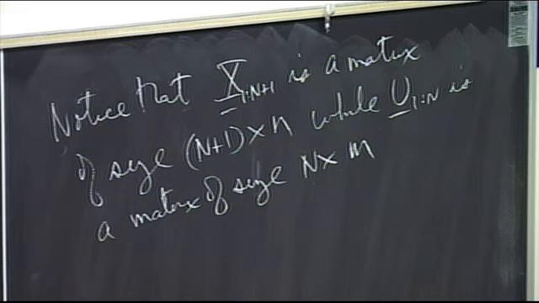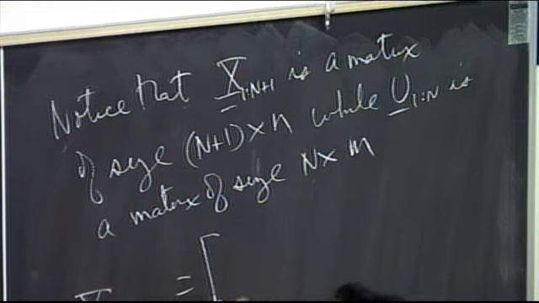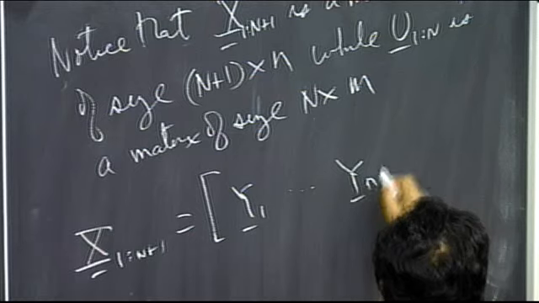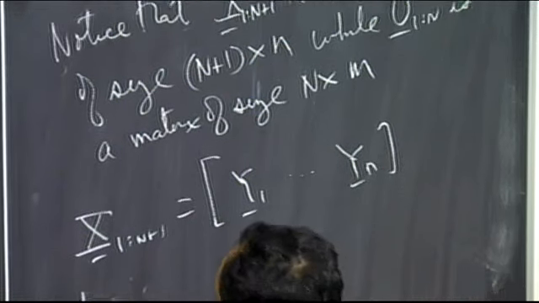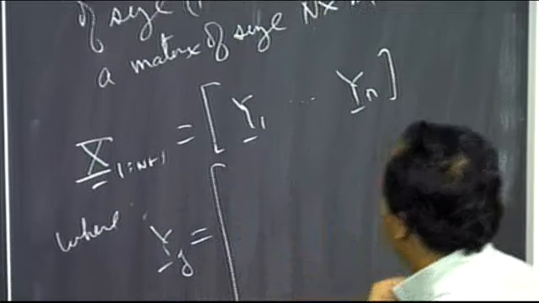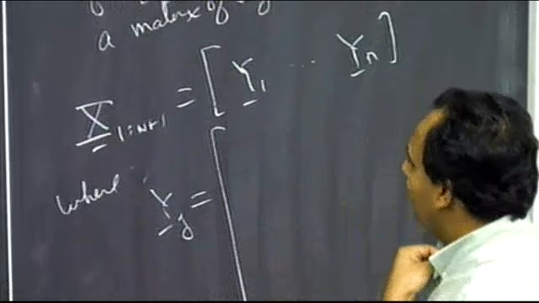If we look at this matrix, we see that x, 1 colon n plus 1, could be written this way: y1 up to yn, where y sub j is equal to the jth column in this matrix.